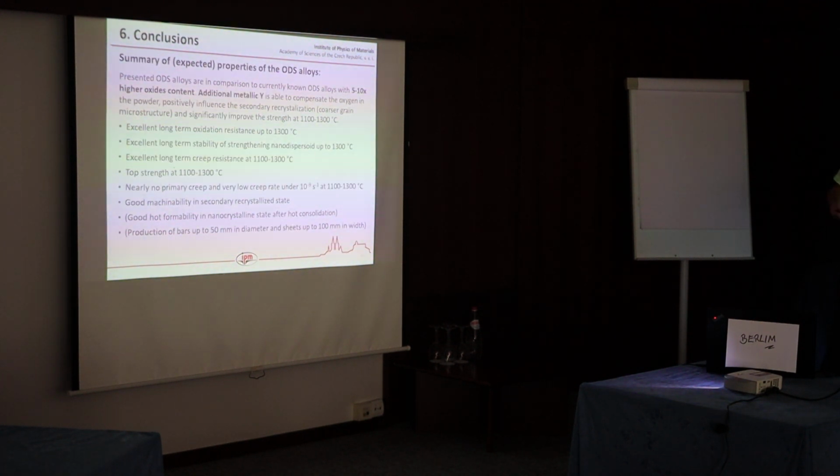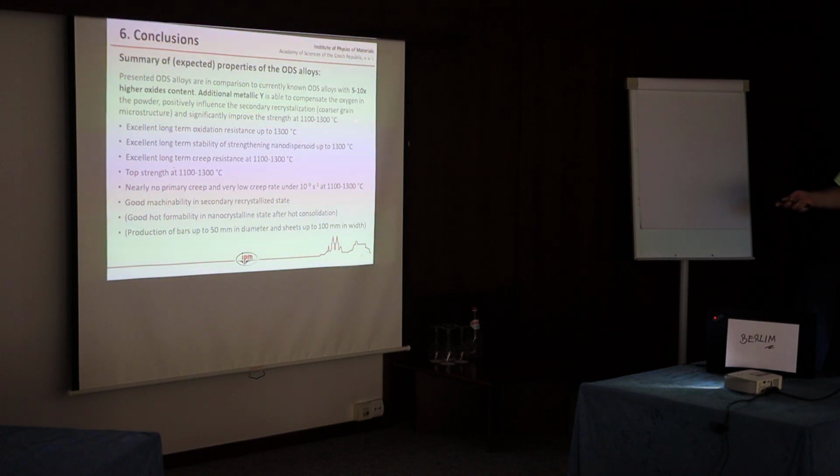So I would conclude, in the parentheses is the expected properties, which we didn't fully try yet. So we add 5 to 10 times more oxide content to the ODS alloys than the traditional ones.